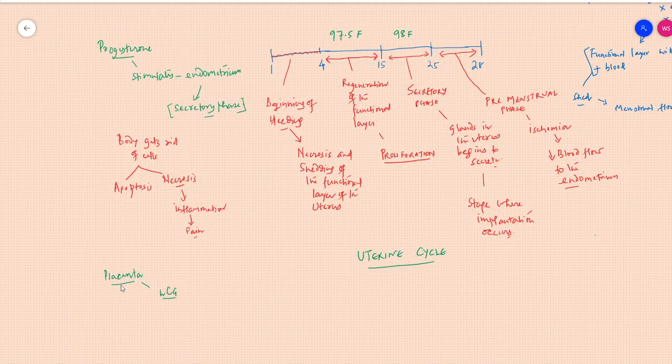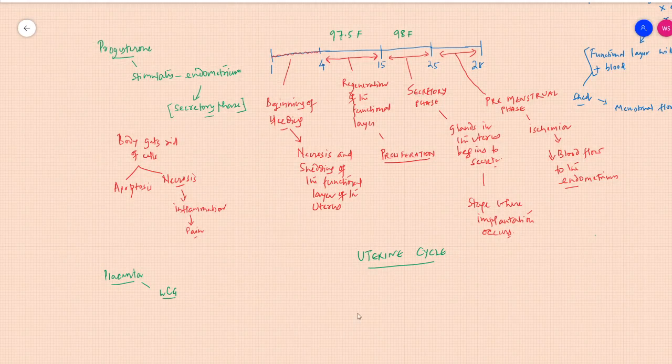So it is generated from the placenta. The placenta also maintains the uterus. It does not allow the degeneration of the functional layer. That is the role of the placenta.